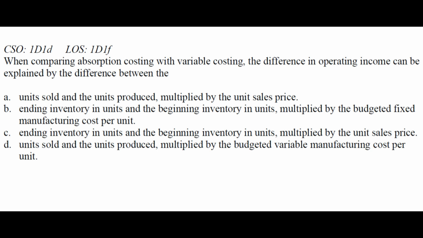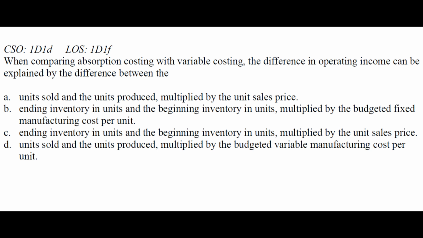C. Ending inventory in units and beginning inventory in units multiplied by the unit sales price. Incorrect. Inventory changes affect deferred fixed overhead, not sales revenue. D. Units sold and units produced multiplied by the budgeted variable manufacturing cost per unit. Incorrect.